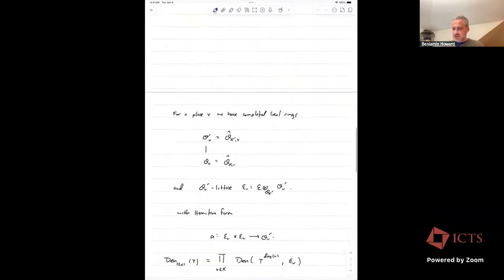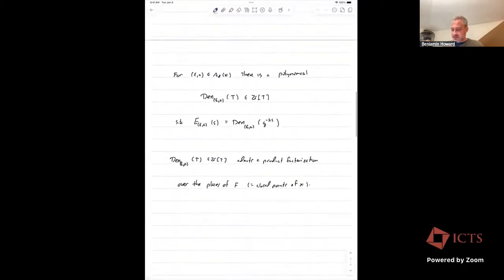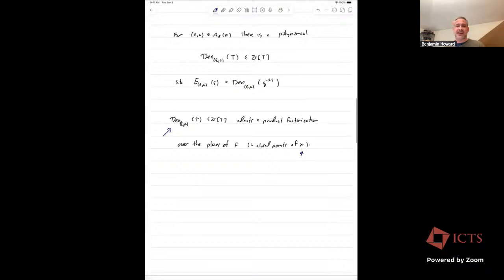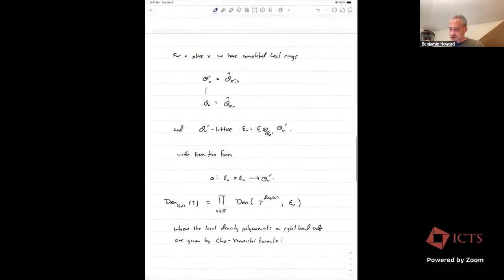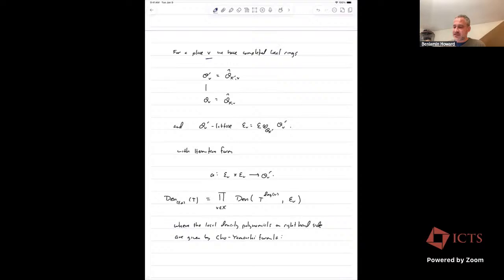Okay. So whatever this polynomial is, it admits a product factorization over all the places of the function field F, in other words, over the closed points of our curve X. And so I'm going to tell you what the local factors are. At any place of the curve, you can look at the completed local ring of X and the completed local ring of the curve X' above it.